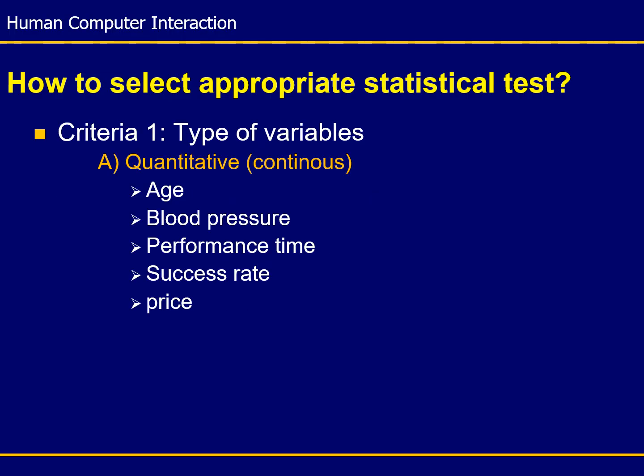The first thing we're going to look at is the type of the variable. We have two types of variables that we could be working with. What's called quantitative variables, and these are variables that represent numbers or values on a scale, like for example age or price or blood pressure and so on. Quantitative here has a specific meaning.